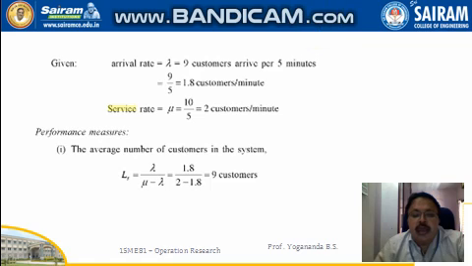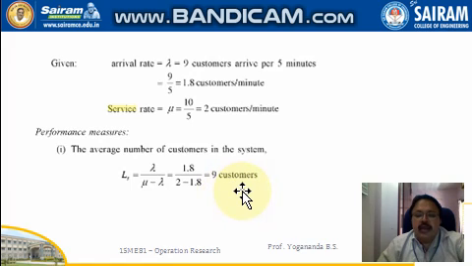So now taking the performance measures, the average number of customers in the system. The formula used is lambda divided by mu minus lambda. This is the formula we are using to calculate the average number of customers in the system. So lambda is 1.8, mu is 2, lambda once again 1.8.